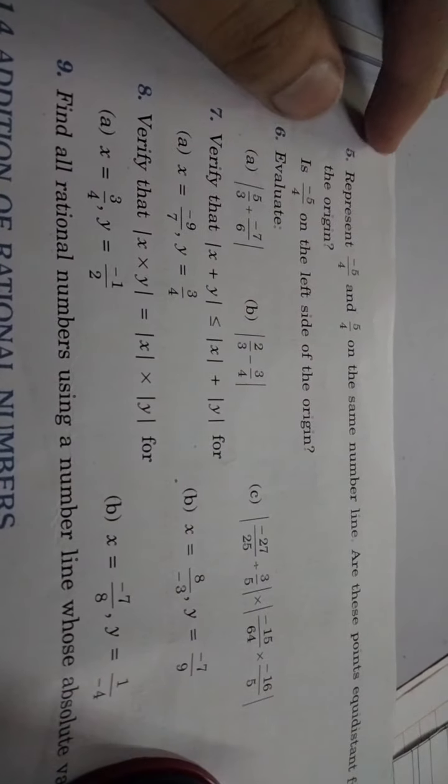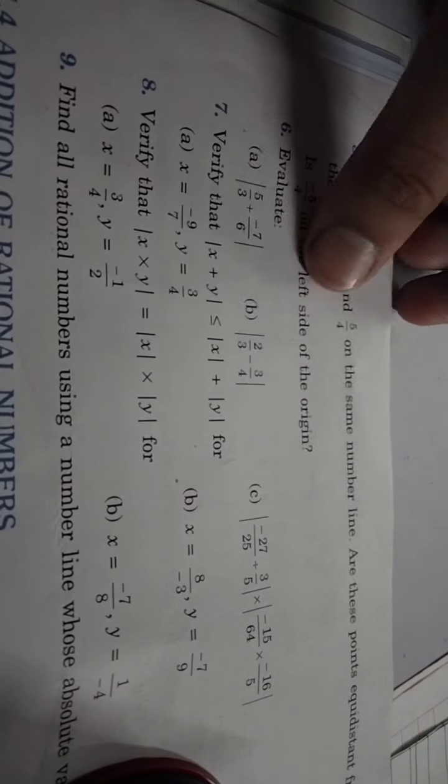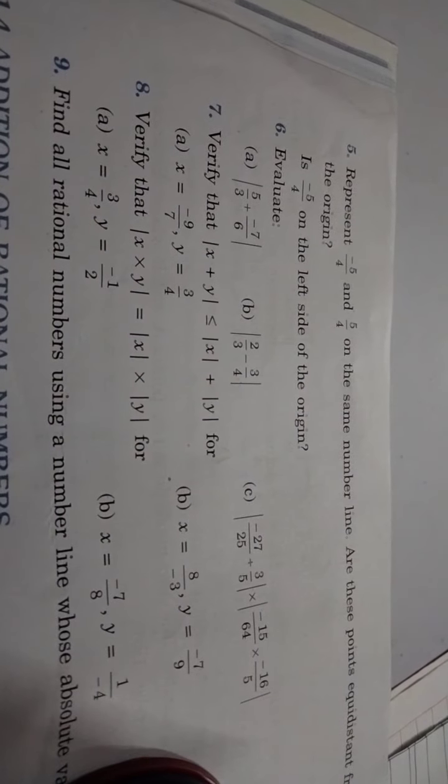So next question is: represent minus 5 upon 4 and 5 upon 4 on the same number line. Are those points equidistant from the origin? Is minus 5 upon 4 on the left side of the origin? This is the easiest question ever. So how to do it, let me explain.